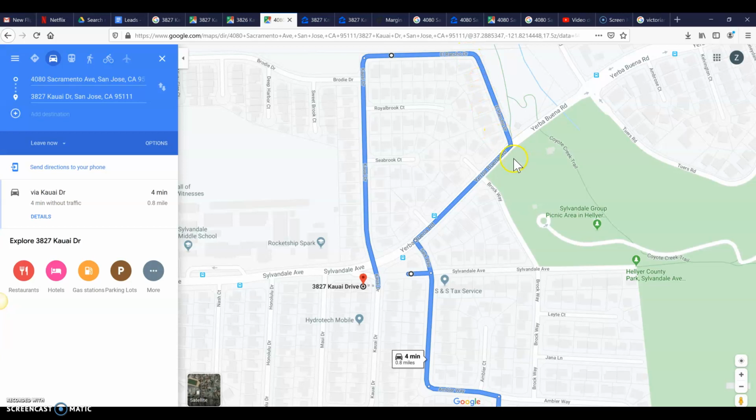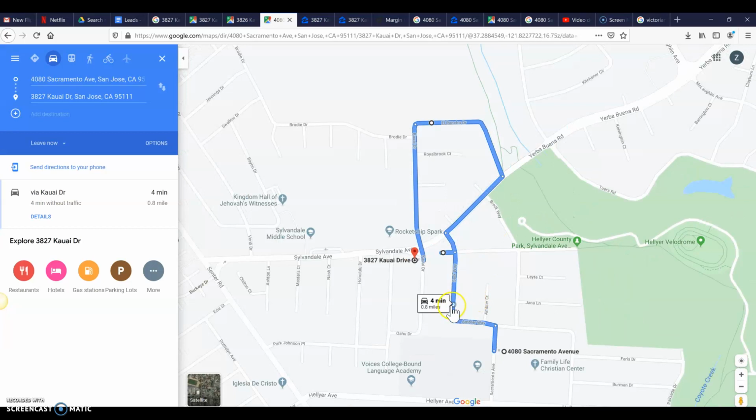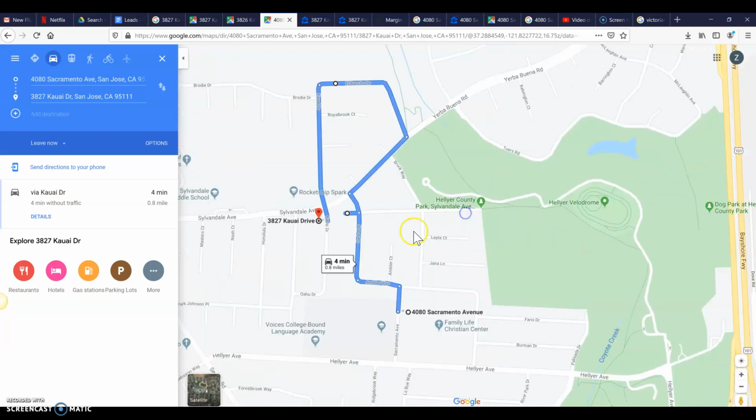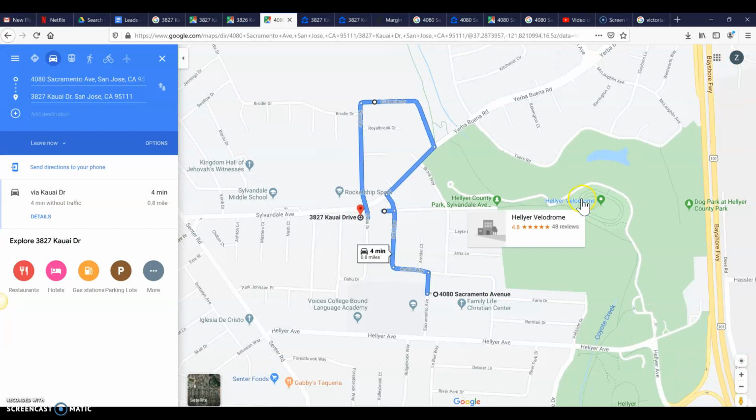There are all kinds of crazy street names, and it's going to say 0.8 miles. So depending on the time of day when you run your Google Maps, it's going to say it's a mile long trip. But that's very inaccurate, because we're calculating what is the true difference in the mileage.